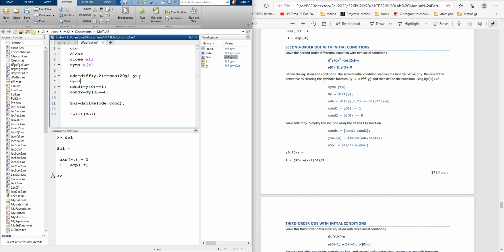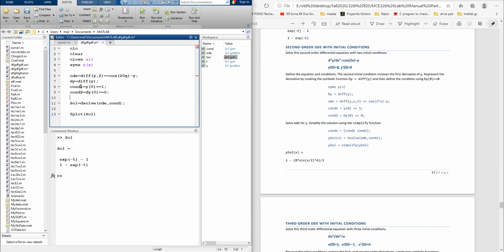So I can write here dy equal to diff of y, just the first derivative of y. Why? To use it here. Can I write it here, diff of y of 0? Yes, I can write, no problem. But I prefer to write it like this to make it clear.